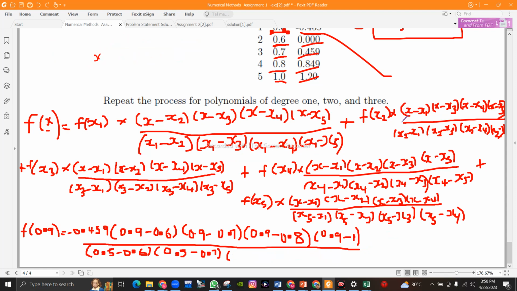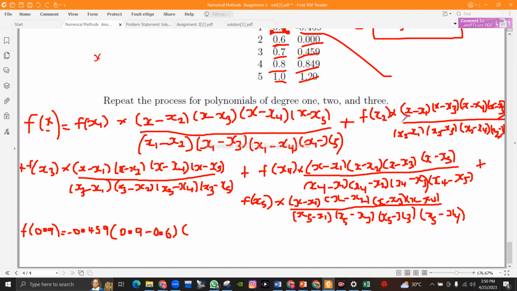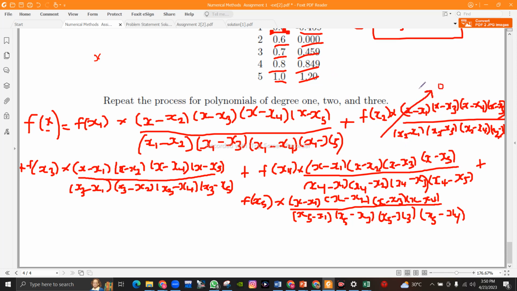Now the second value, I'll not waste time on it. There's a reason why. The second aspect of the equation, we have f of x2. And f of x2 is 0. So 0 times anything will be 0. So everything here turns to 0 because f of x2 is 0.